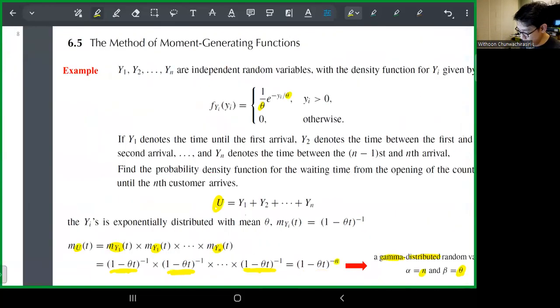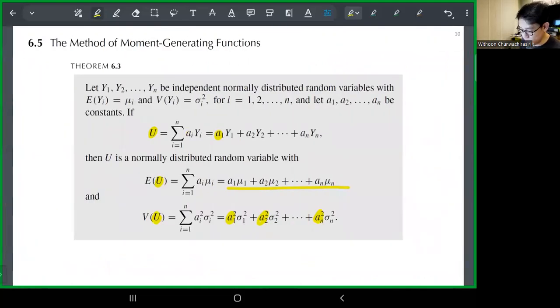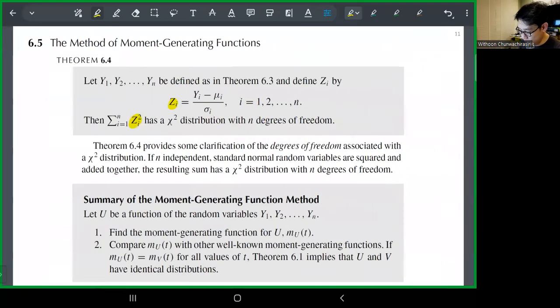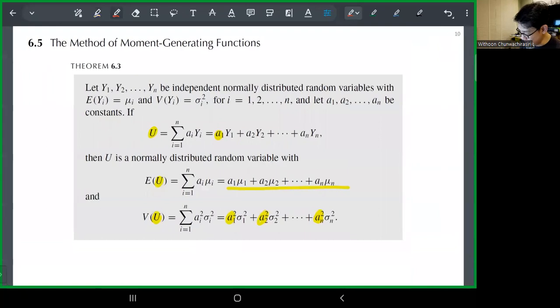But now up here, you get a little bit of extension because now you have more than one. You have Y1, Y2, Y3, Y4. But you already knew that each Z squared will be chi-square. But now you have the sum of a lot of those chi-squares. Now you think in your head, well, all right, because chi-square is a gamma anyway, once you combine those, multiplying the MGF of each chi-square, at the end you still get a chi-square because the beta does not change.